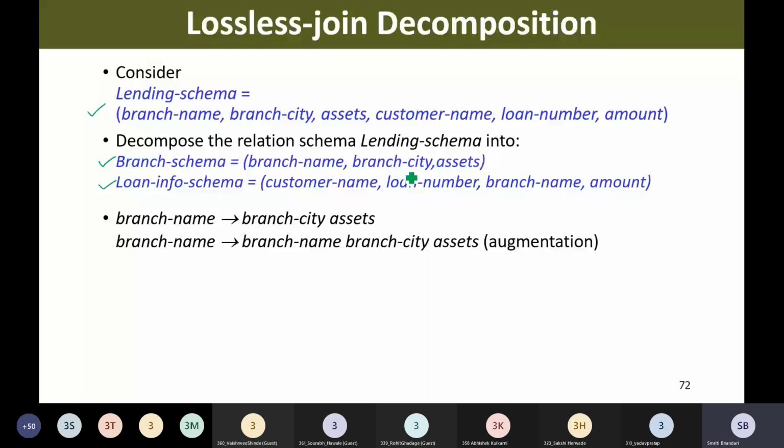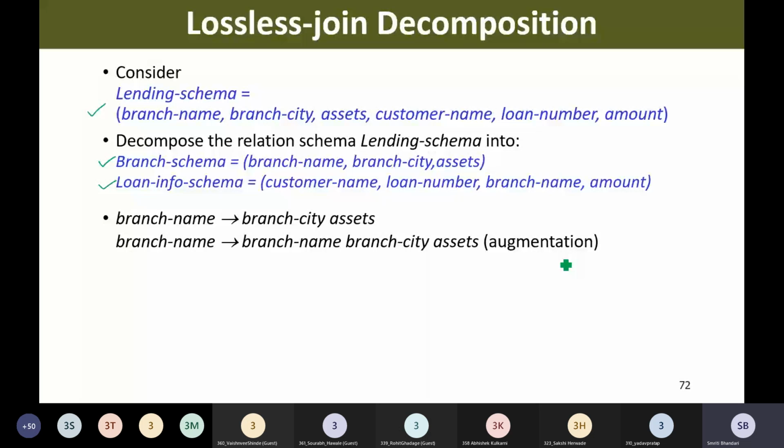Right? So for this schema, branch name is my primary key, or rather my super key, because this attribute is determining all other attributes. Okay, now for the condition, we need to find the intersection of these two schemas, branch schema and loan info schema.